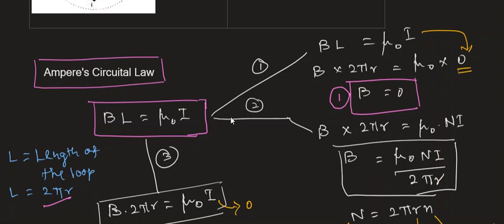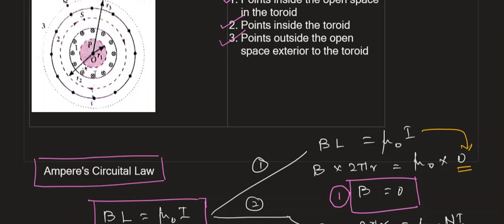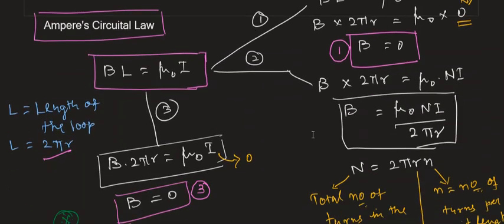And the second point, in the toroid, that is on the coil inside the toroid. When I say inside the toroid, you have the circular loop in the form of a ring, and inside that ring. So we are talking about that one.